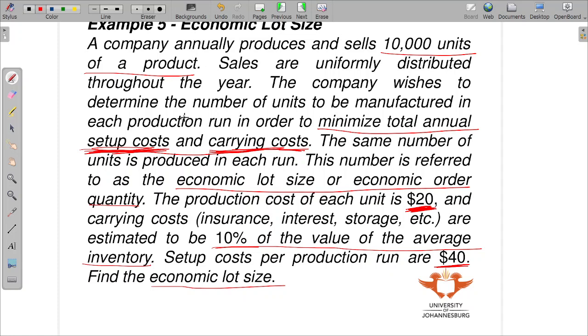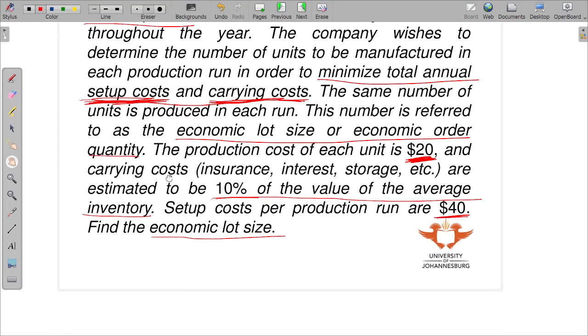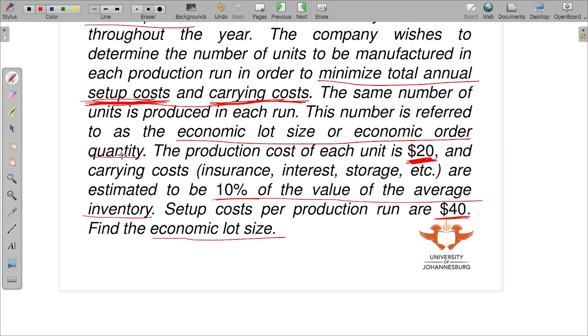Now from this problem, what do you first notice? You first notice when they mention our total annual setup cost and carrying cost. So we have two things: setup cost and carrying cost.